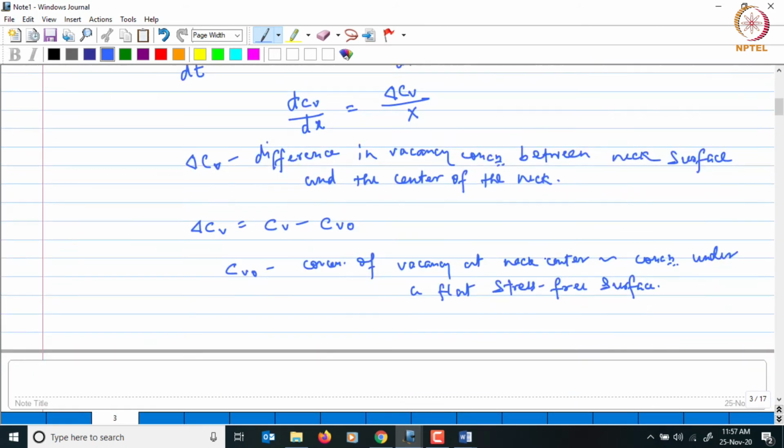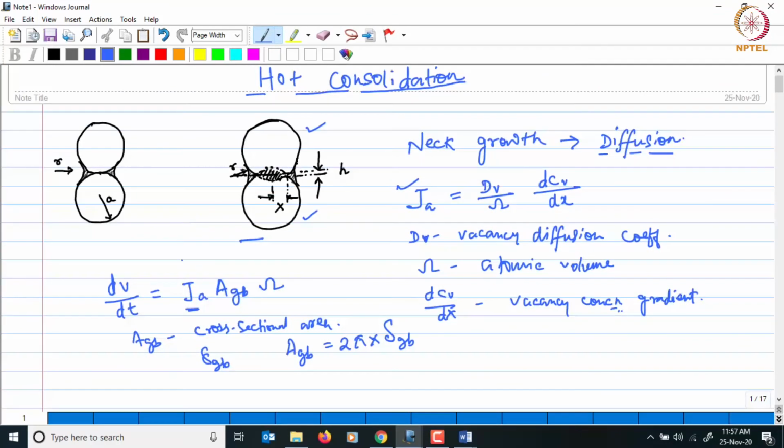Now, considering this diagram again, for the initial stage of sintering, K is given as 1 by R, and R is given as x square by 4a.